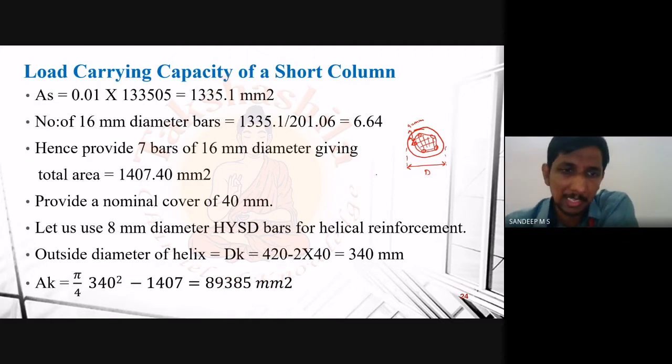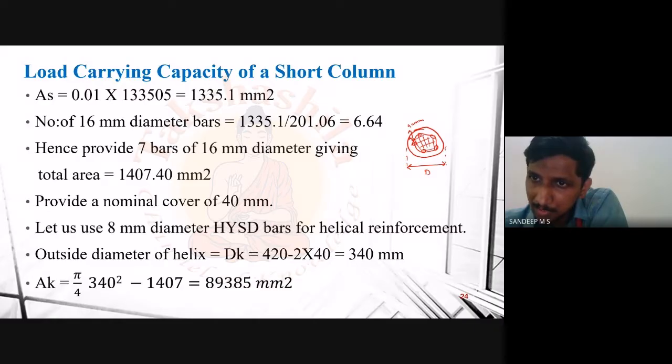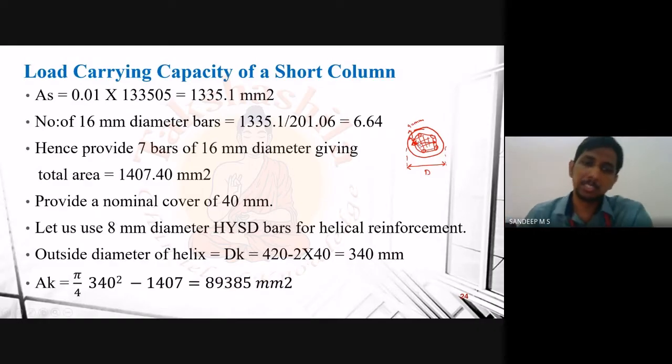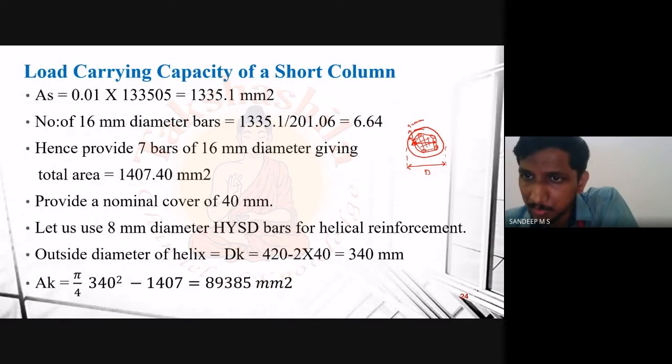Now you will see some terminologies like diameter of the core. That means it is the diameter of this inner portion. Basically, if you see here, outside diameter of the helix. Helix means we have provided this tie in the form of a helix.